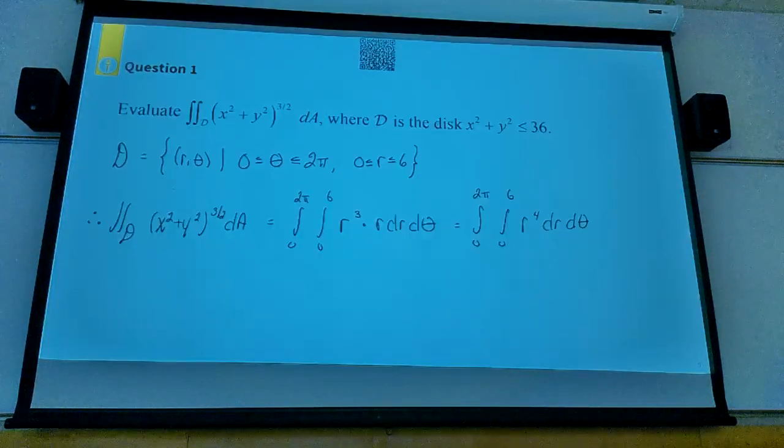Once again, the integrand has no theta in it. Our r is independent of theta. So just integrate with respect to theta first, 2 pi. What is the antiderivative? r to the fifth over 5. r goes from 0 to 6.